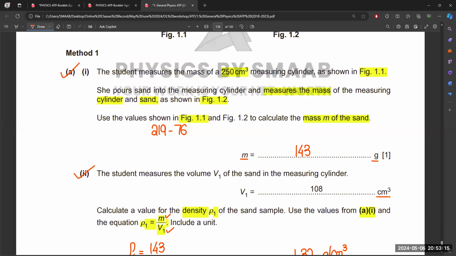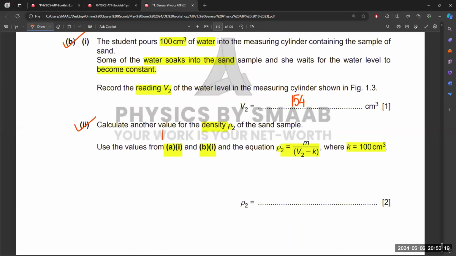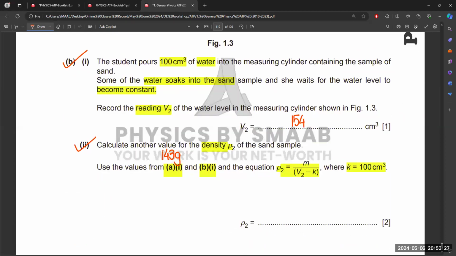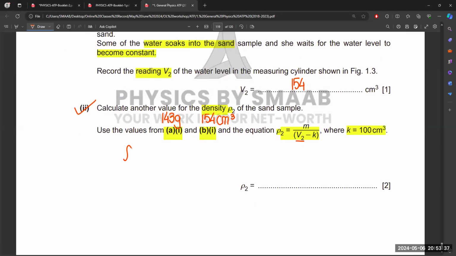Yes, mass is 143. So this value is equal to the value of the mass, and B1 is this V2. And you can also identify that from the equation. Now just substitute all the values in the given equation.